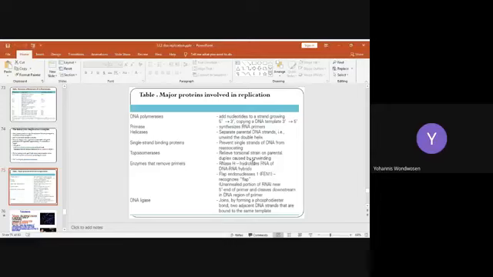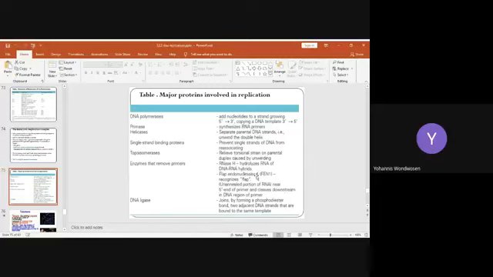That means they prevent the supercoiling of the DNA strand. And the enzymes that remove the primers: RNase H, which can hydrolyze the RNA of the DNA-RNA hybrid on the leading strand as well as the lagging strand.